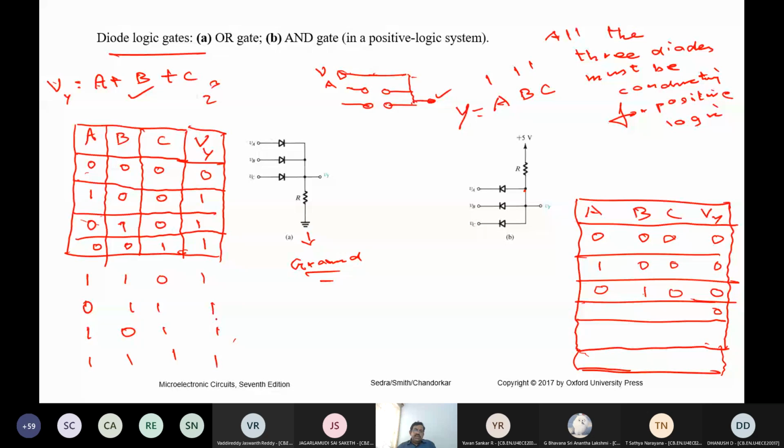So you will get that output. Here, OR gate means any of the diodes can be conducting, then you will get an output. But in this logic system, you need all of them to satisfy this condition so that you will get an output over here.